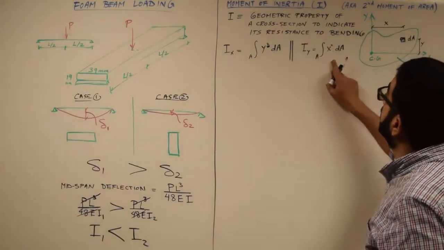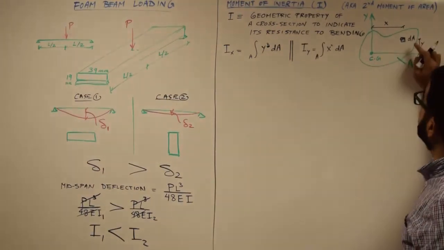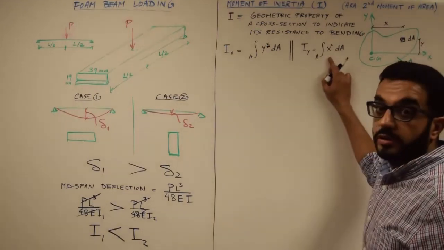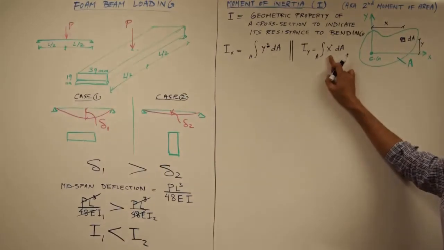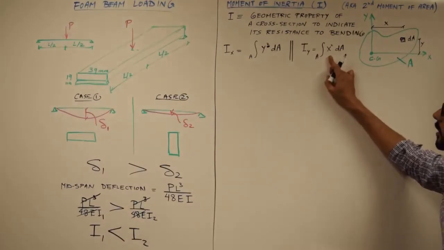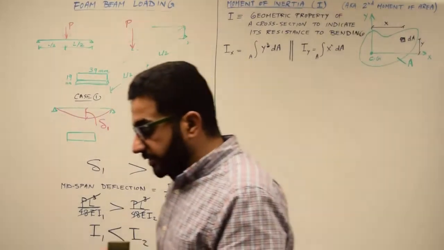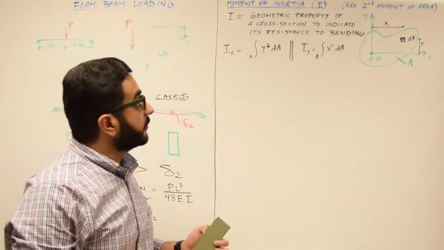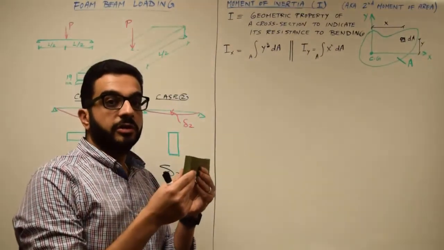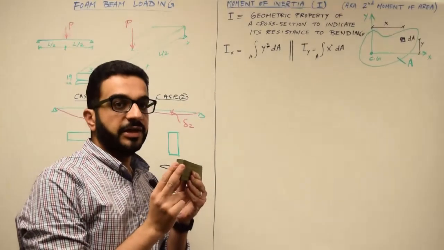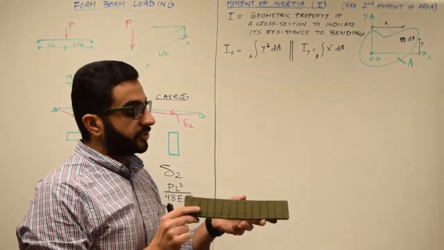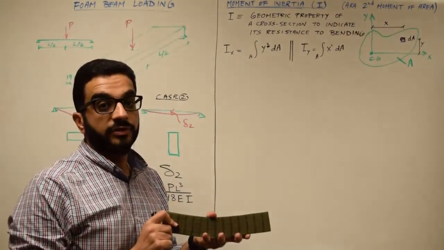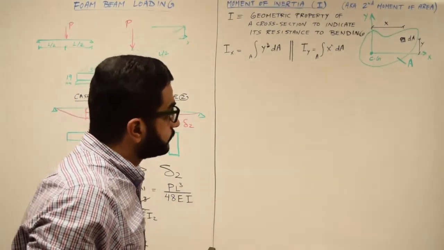Iy, similarly, is the integration of dA for all the area A, and for every dA, you're multiplying by x squared. So the moment of inertia is an indication of how tough the section is to resist bending and the deformation, or the deflection that comes with this internal bending.